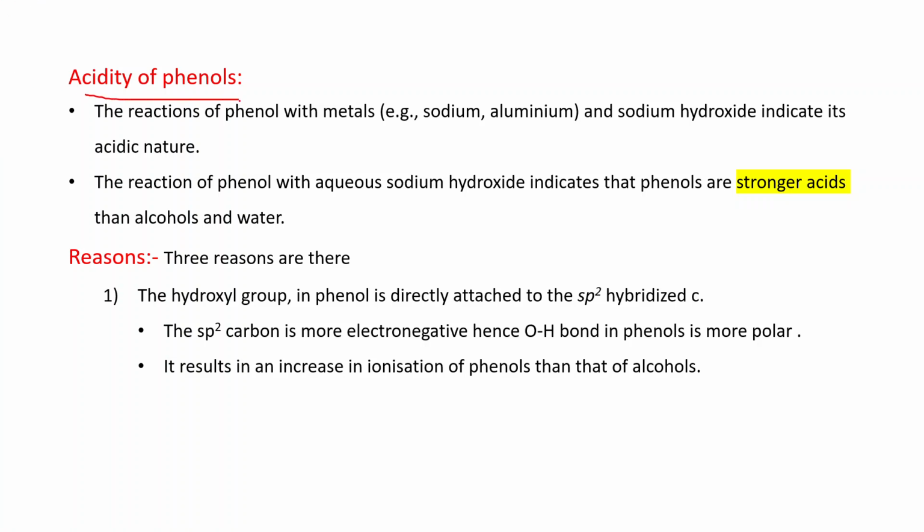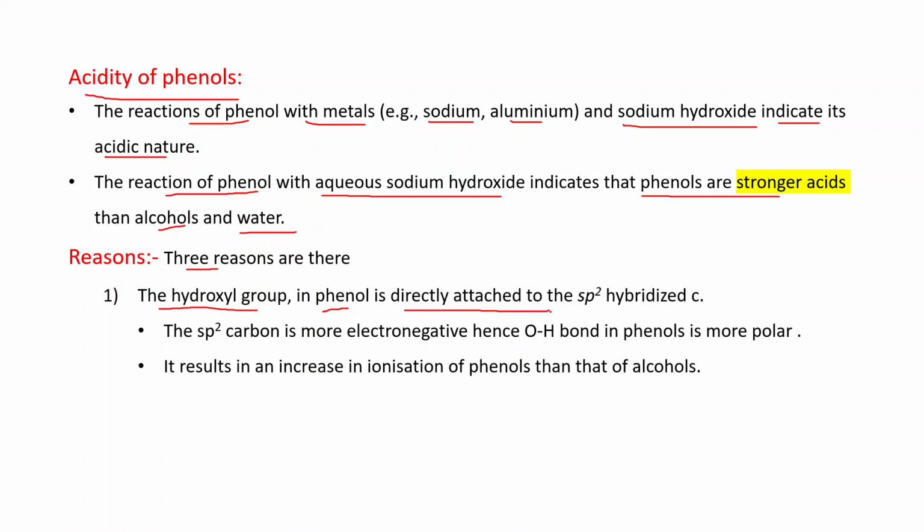Now, acidity of phenols. The reaction of phenol with metals, for example sodium and aluminium, and with sodium hydroxide, indicates its acidic nature. But the reaction of phenol with aqueous sodium hydroxide indicates that phenols are stronger acids than alcohols and water. Now, what are the reasons? There are three reasons. The first one is that the hydroxyl group in phenol is directly attached to an sp2 hybridized carbon.